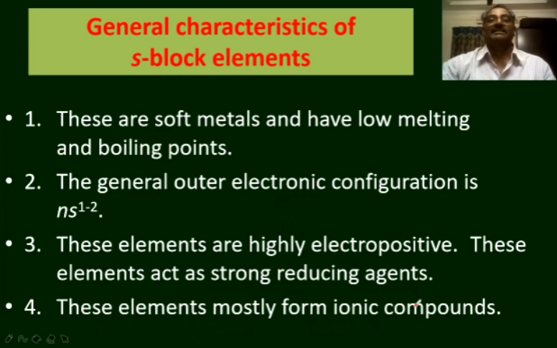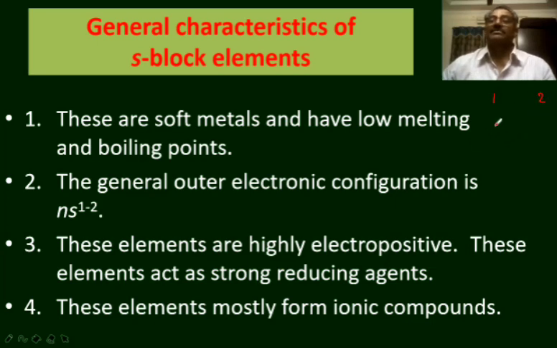General characteristics of S block elements. We already discussed that S block elements are the elements present in the first two groups, that is first group elements and the second group elements are the S block elements.